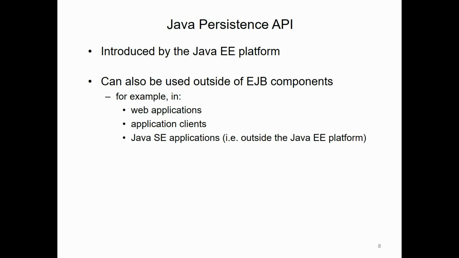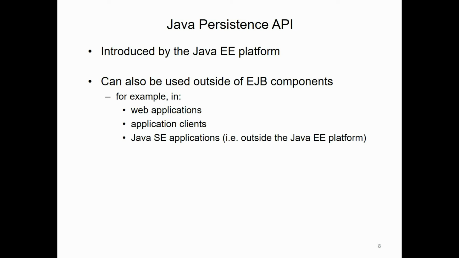Once we've set up a persistence unit, we will be able to use the entities that come out of that persistence unit as objects, and those objects will be linked to database tables, but we can use them in our code as if they were objects. And the persistence API with that entity manager that I just mentioned will automatically keep the database and those entity objects in synchronization.